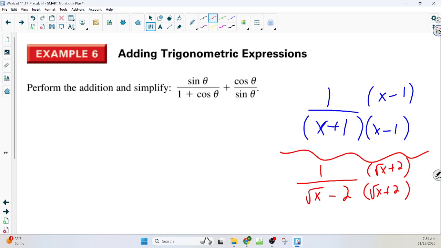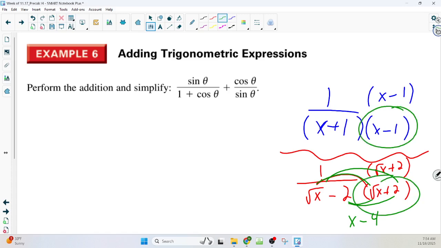The reason is when you FOIL this, or just distribute it, the outsides and the insides cancel, and you have x minus 4. That whole bottom is just x minus 4. This is called multiplying by the conjugate. So we would call this the conjugate.